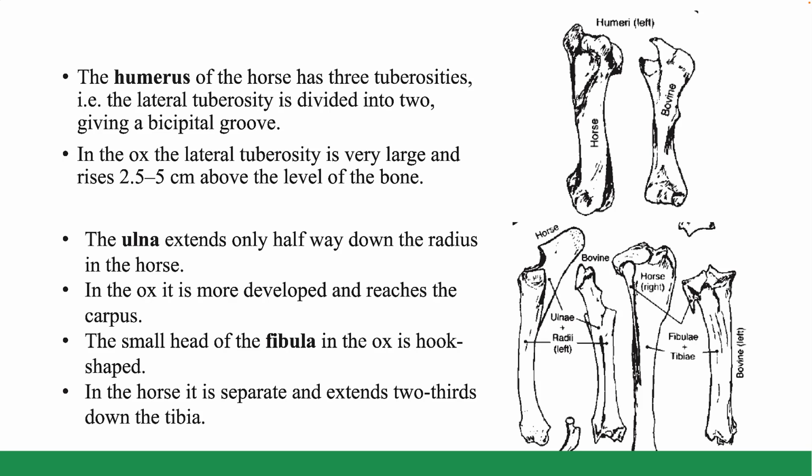It's difficult to separate the two. And for the fibula, something that you should note: in bovine, this fibula is a little bit hook-shaped, but in horses it extends downwards towards the middle of the bone.